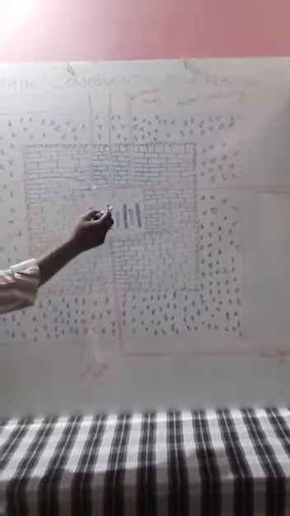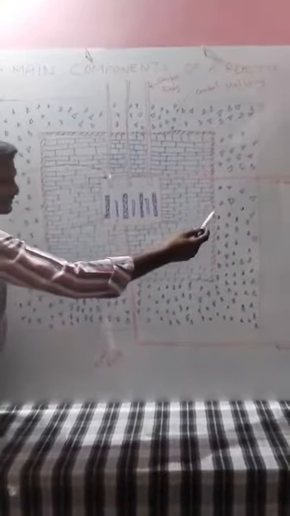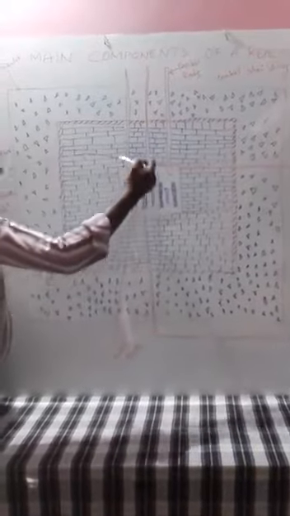That hot coolant enters the steam generator and produces the steam. After rejecting the heat, the hot coolant becomes cold, and that cold coolant comes back and enters the nuclear reactor. Likewise, this coolant will circulate.